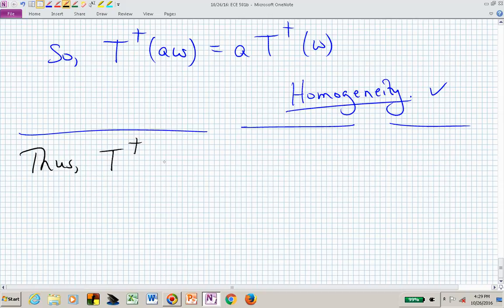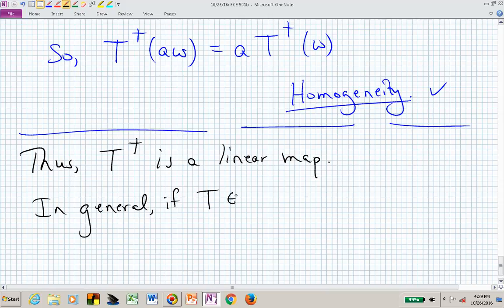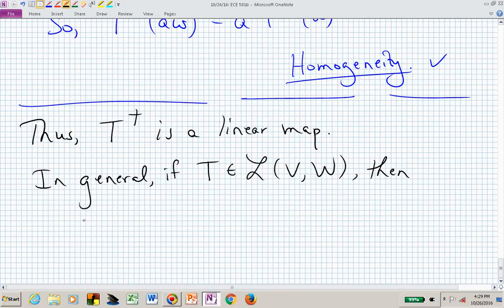Thus, T dagger is a linear map where, in general, if our linear map T is taking the input vector space V to the output vector space W, then T dagger is a linear map from W as the input vector space to V, the output vector space.